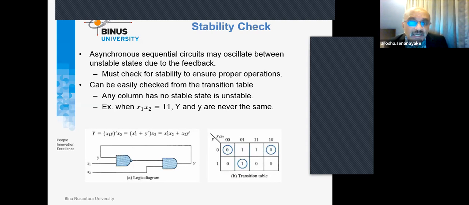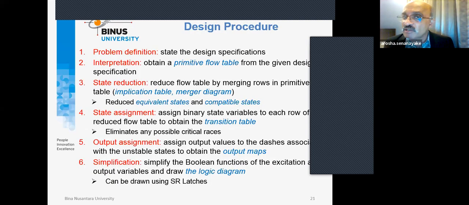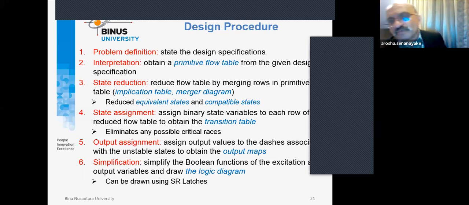Make sure that a stable state is there all the time before x1 is changed. That's why a longer duration is required all the time for x1 to change into another value, because y1 takes a little time because of the feedback delay we have. So we must guarantee that.